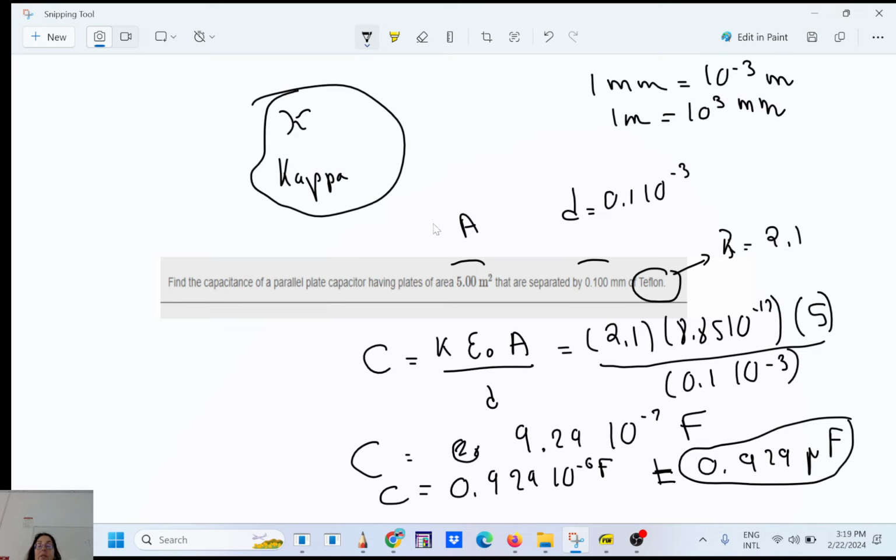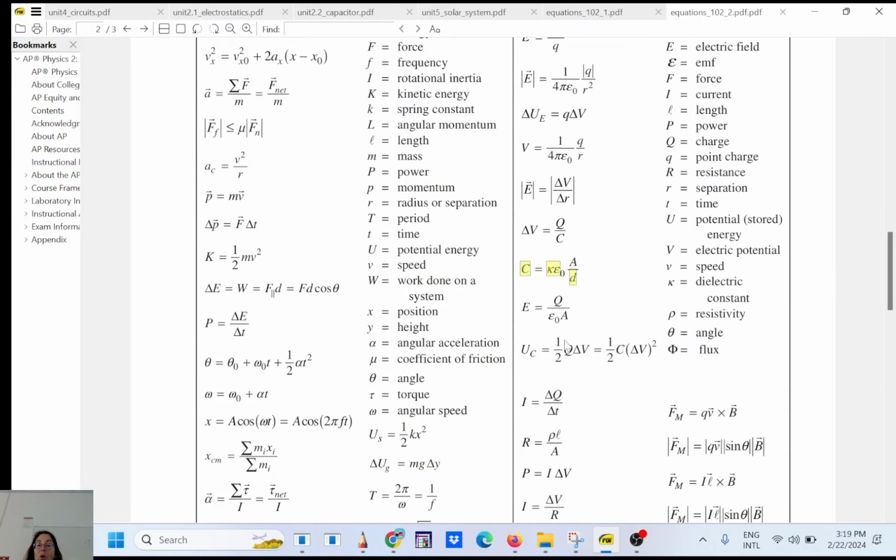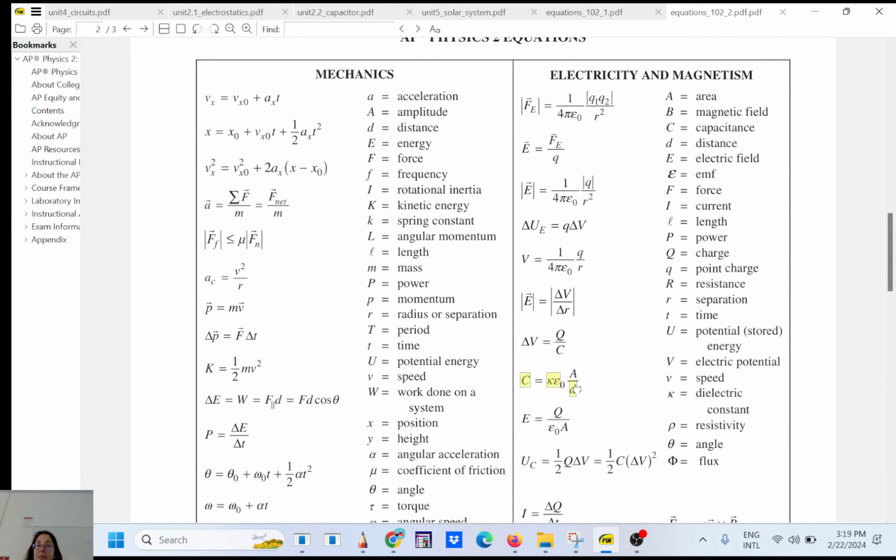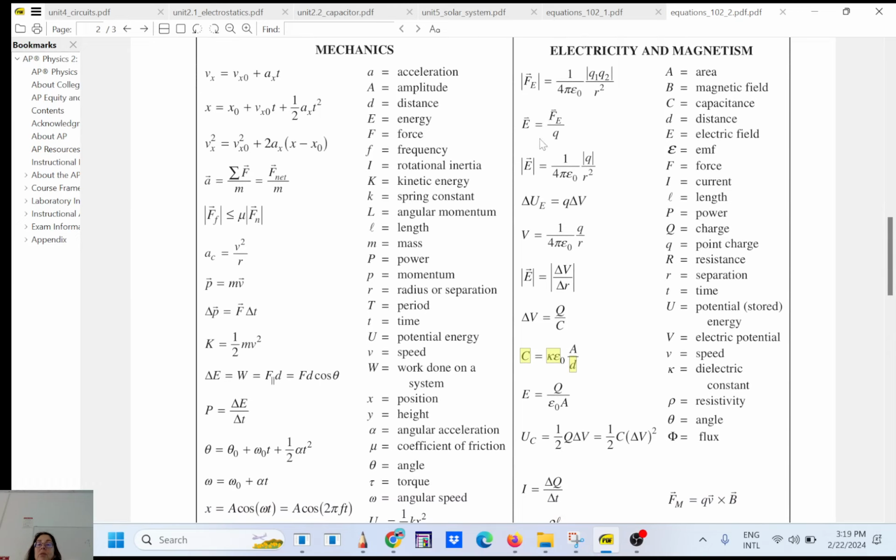You know, sororities, fraternities, they call it kappa, gamma, whatever. Okay, any question? So make sure you go over your equation sheet, so you know how to decode all those equations.